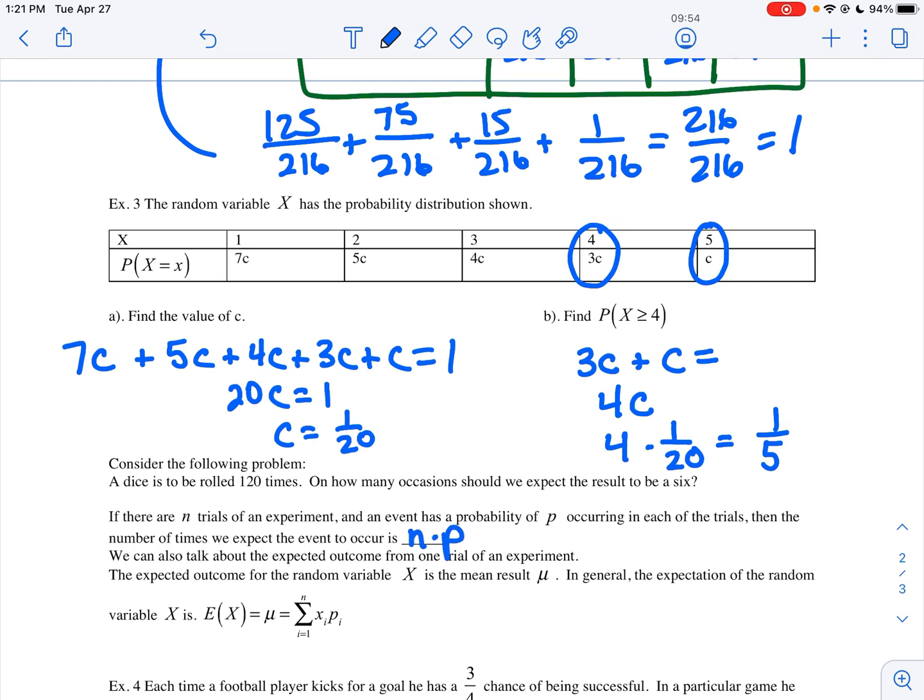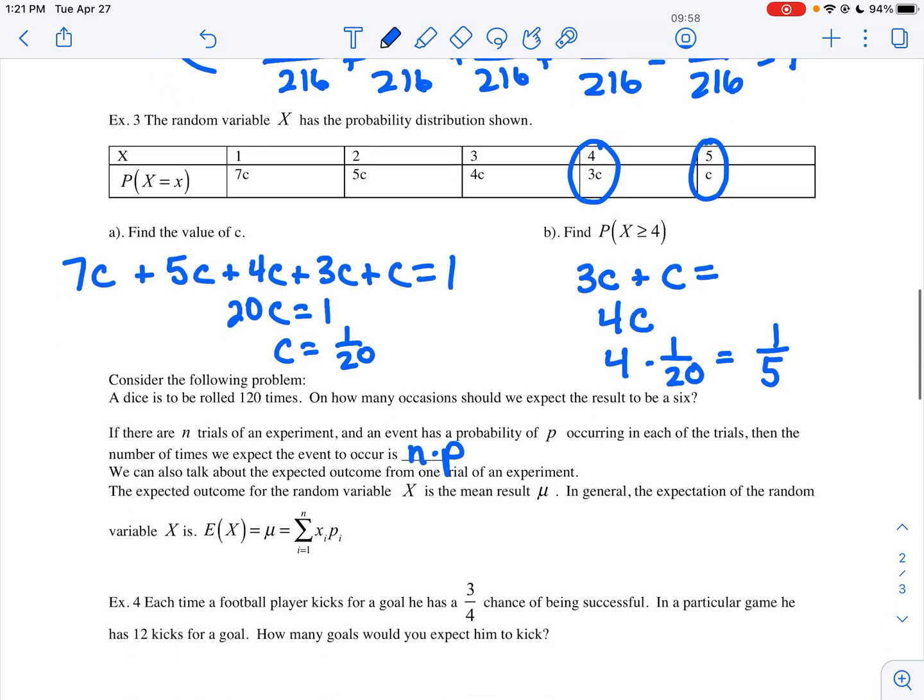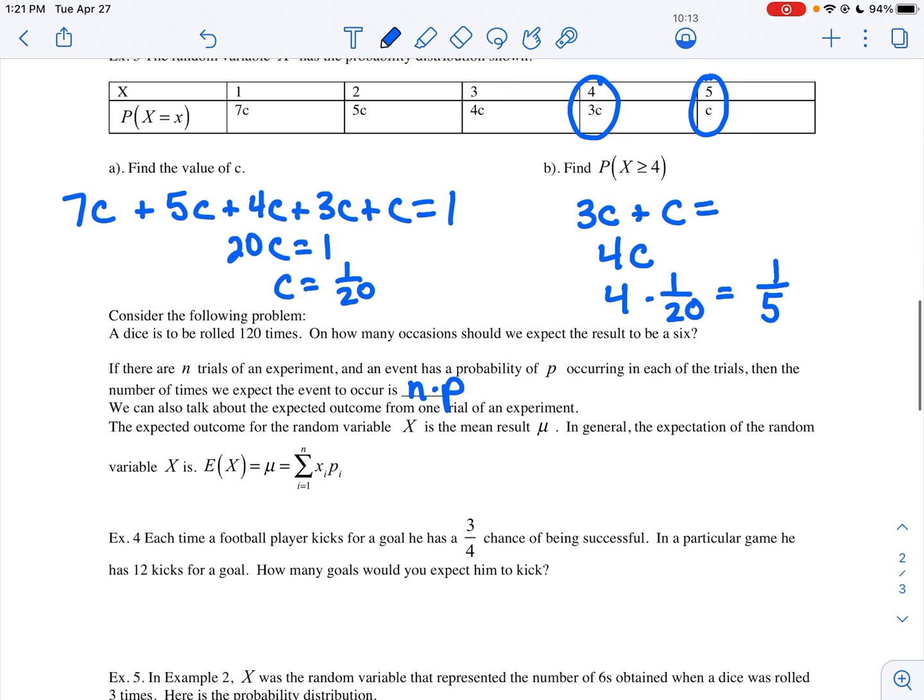We can talk about the expected outcome from one trial of an experiment. The expected outcome for the random variable, capital X, is the mean result, and this is a Greek letter mu. In general, the expectation of the random variable X is E of X, which is going to equal the sum of all the x values times the probabilities.